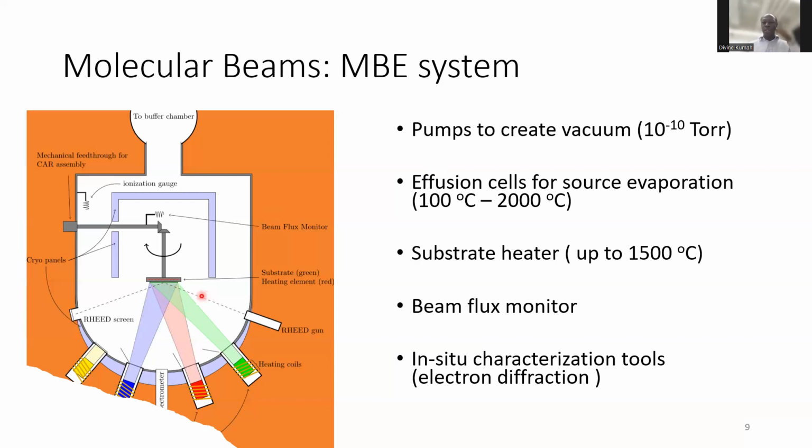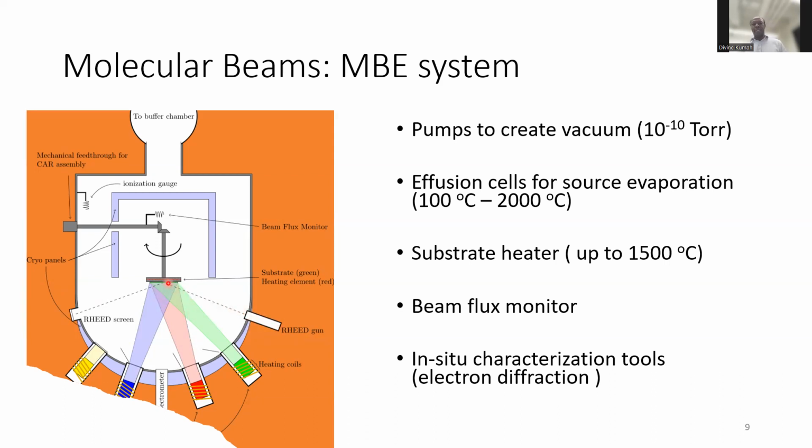There are some tools which you can use in situ. In situ means that there are tools you can use to monitor the growth while the growth is happening. One very common technique is called RHEED, or reflection high energy electron diffraction. I'll talk a little bit about how this technique works, but essentially you have a RHEED gun which produces an electron beam that hits the surface.